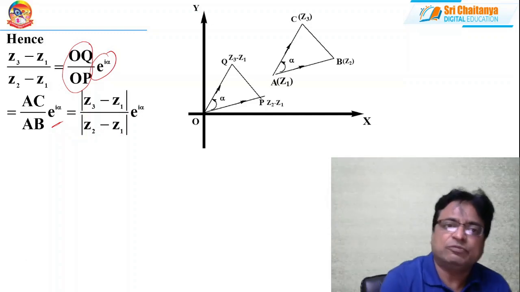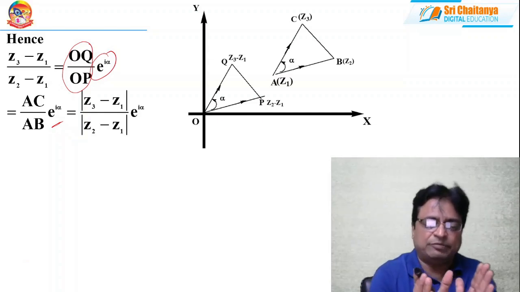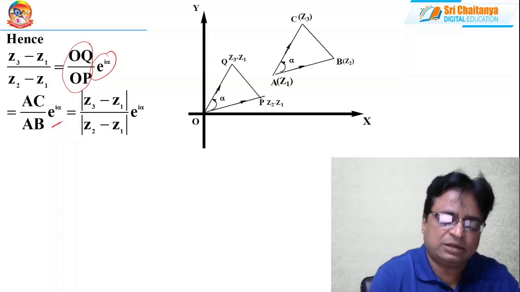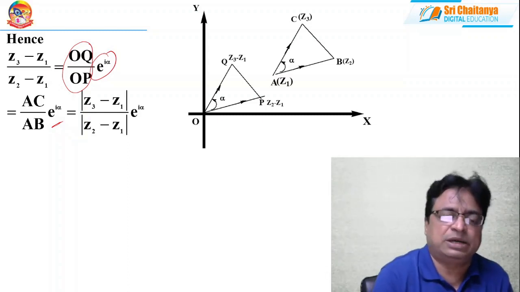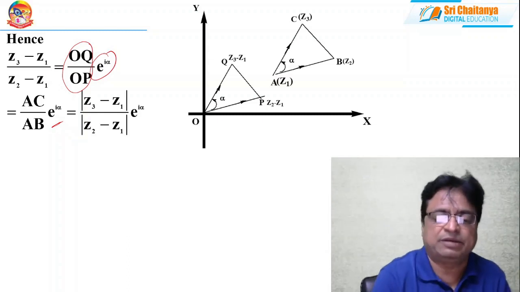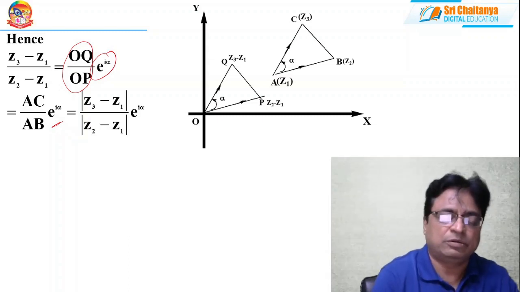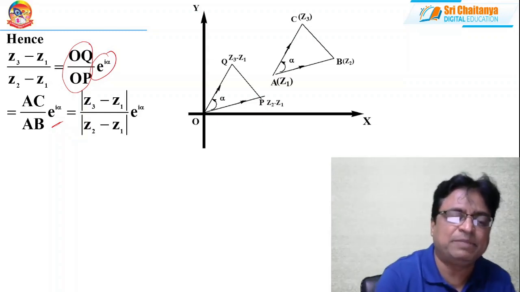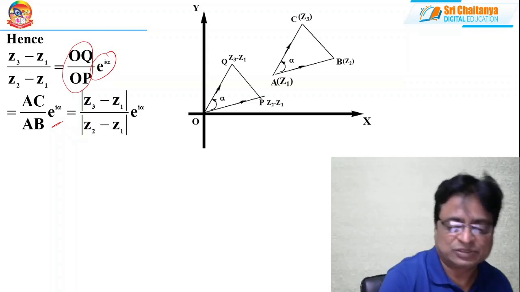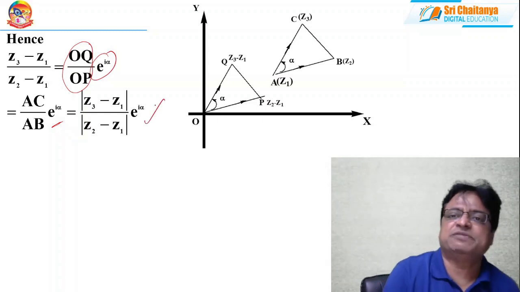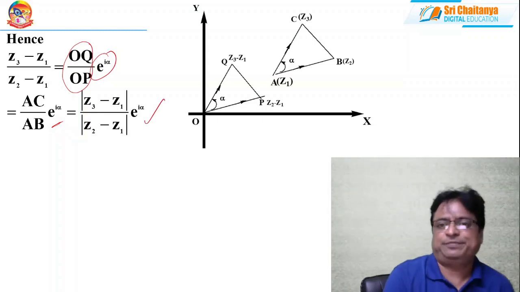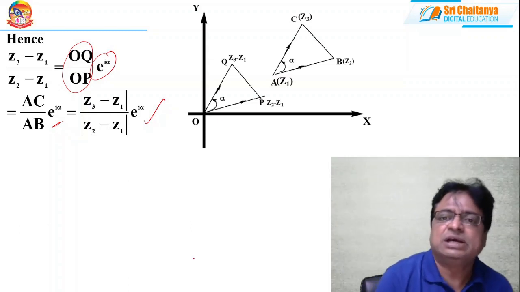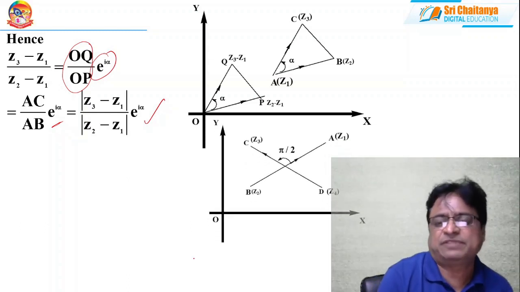With the help of this, what we learn is we can represent one complex number with the help of another complex number when we know the magnitude and the angle between the two complex numbers. So in that aspect, this rotation method is very, very useful for you. Clear? So with the help of this, now practice, these are some of the techniques.